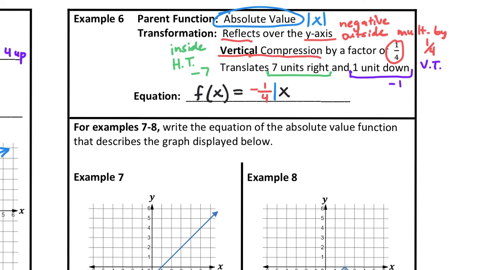Vertical translations happen outside. And so inside it's going to be minus 7. Close the absolute value, and then minus 1. All right. So that concludes example 6.